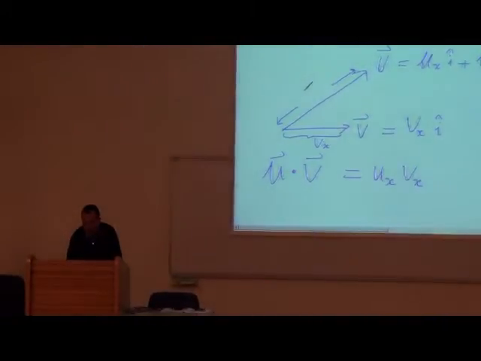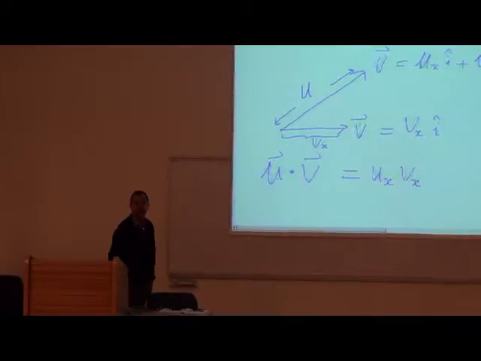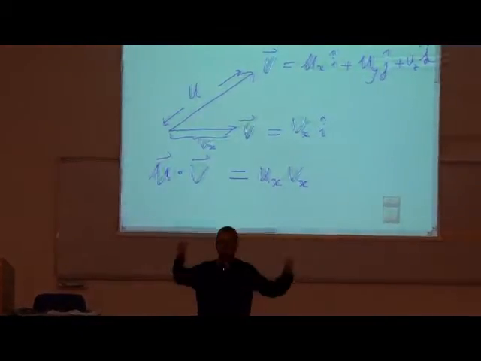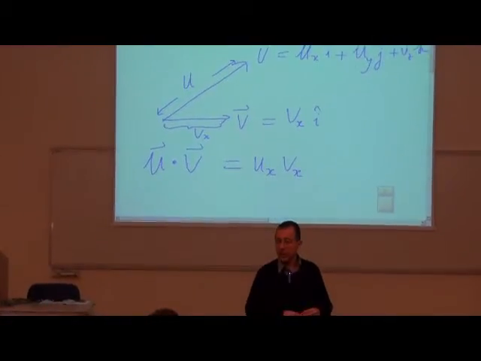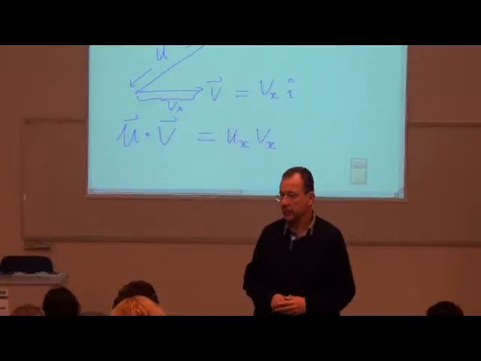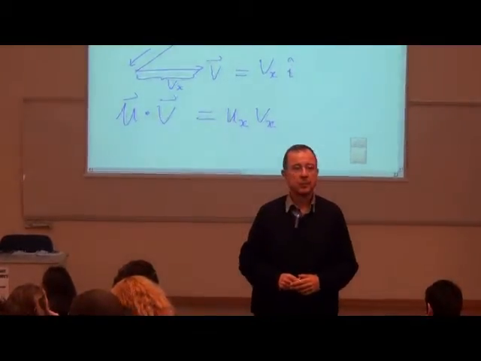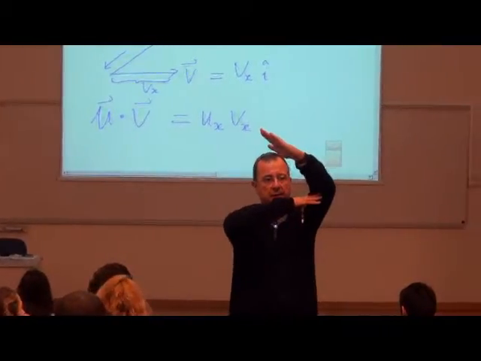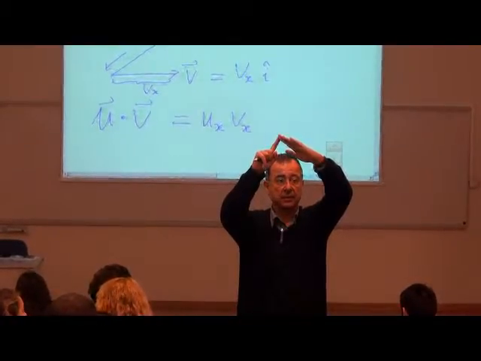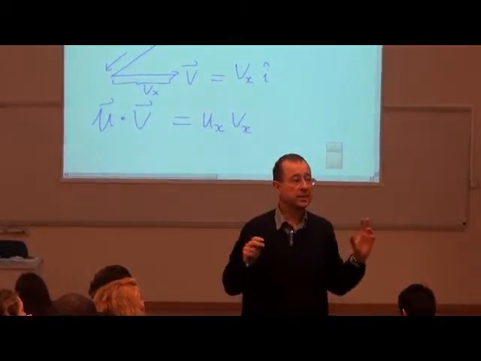But the length of the u vector is not ux or uy or uz. It's the whole length. It's the square root of ux squared plus uy squared plus uz squared. Okay? So in my picture, I have this length is vx, but this length is u. Is this clear to everyone?